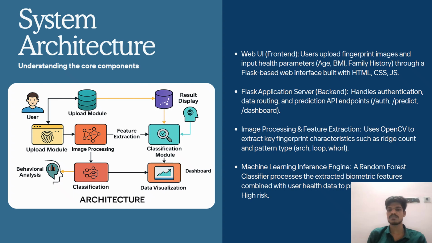Image processing and feature extraction uses OpenCV to extract key fingerprint characteristics such as ridge count and pattern type. Machine learning inference engine. A random forest classifier processes the extracted biometric features combined with user health data.